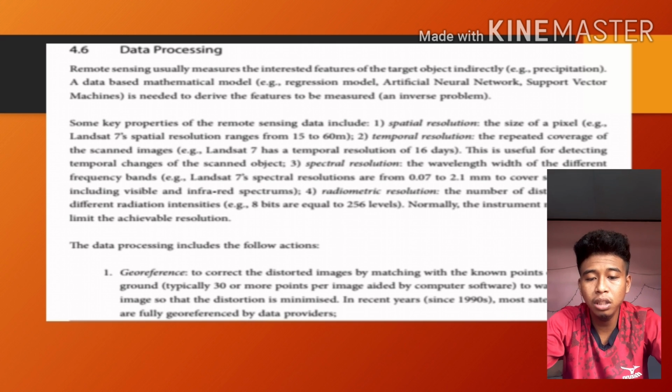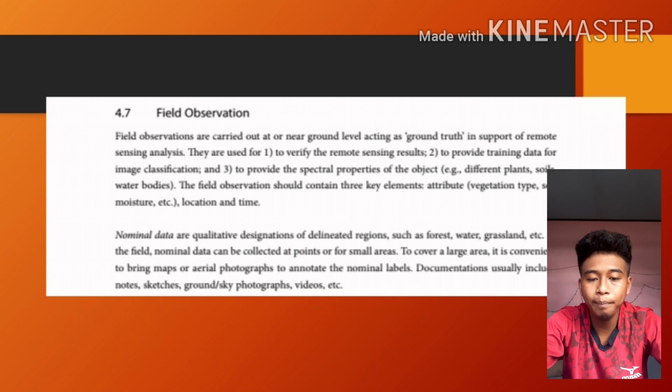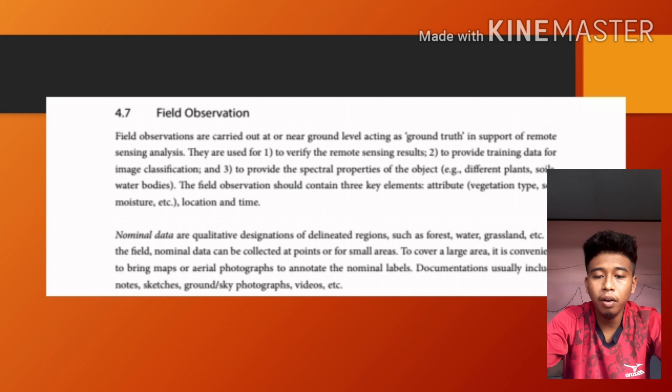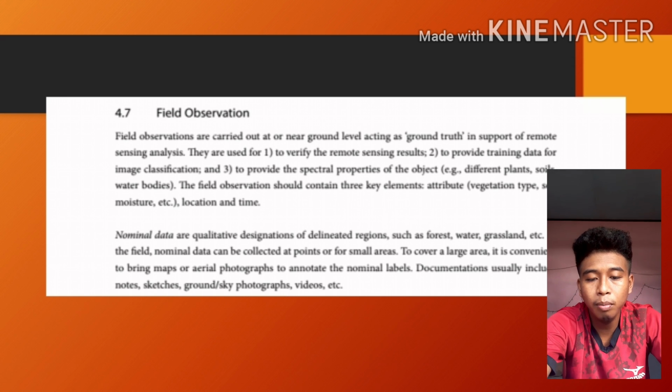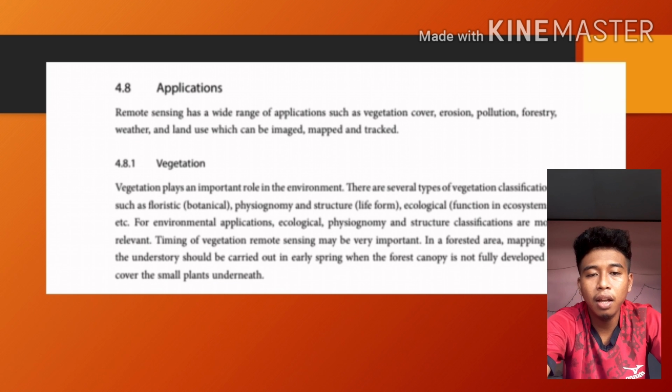So the data processing includes the following actions: one, geometric; two, radiometric; three, atmospheric. Field observations are carried out at ground level, acting as ground truth in remote sensing analysis.